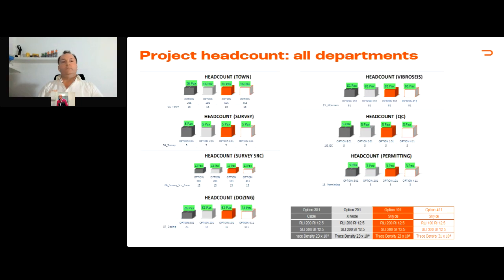Claudio? Yes, you will also have in mind, from the human point of view, the effort of carrying one or the other type of equipment. That will probably keep people happier to work with a small nodal system.